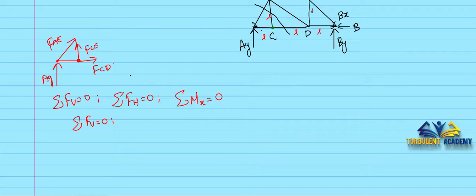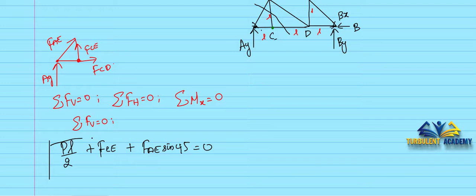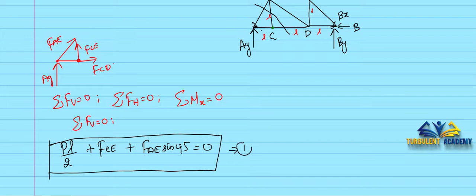Going up, AY is PL by 2 plus FCE plus FAE sine 45, which is 1 by root 2, equal to 0. This will be our first equation.